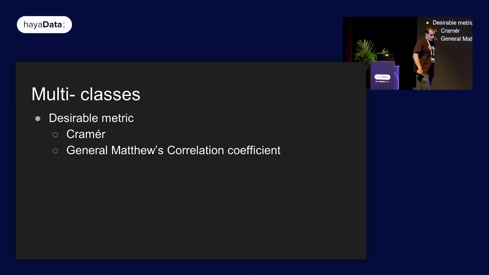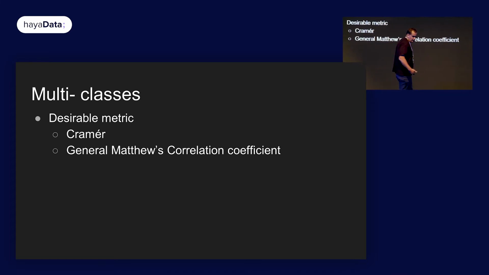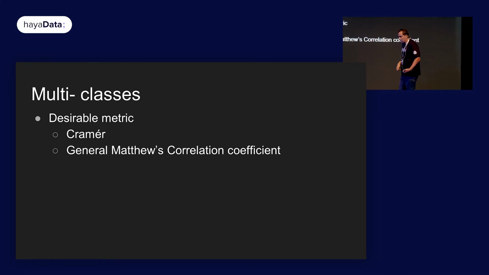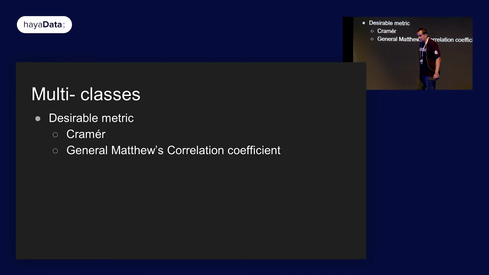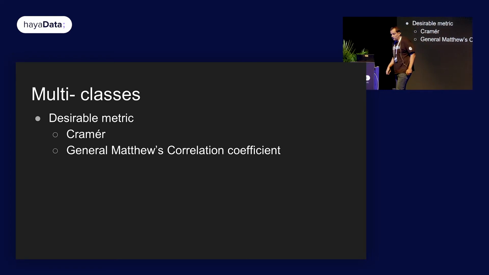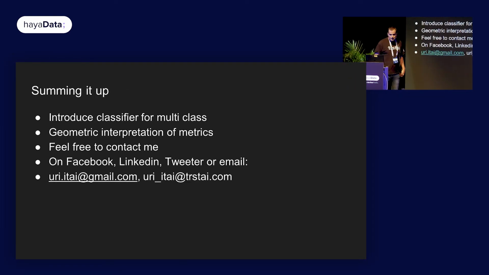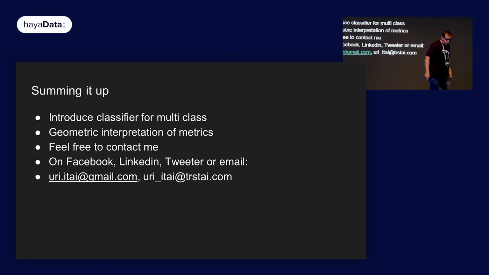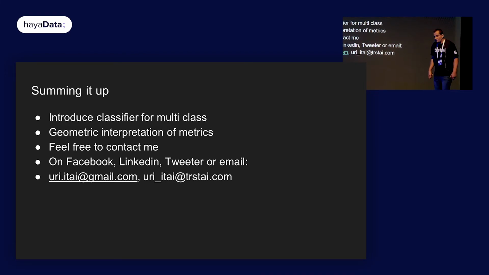So let's sum it up. Basically we can use Cramér's V, you can use generalized measures. There are some other methods which are kind of equivalent to those. So what we achieved in this talk is that if we have multiclass, we can give a quantity that would tell us the goodness or the badness of the fit. So basically we introduced a measure for goodness of a classifier.